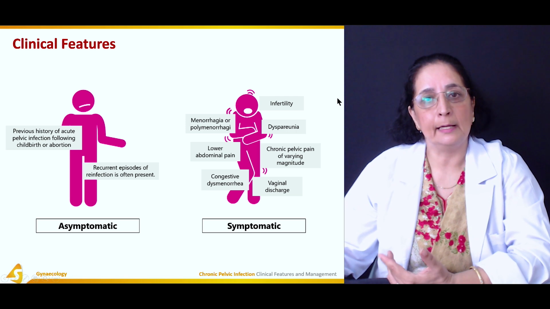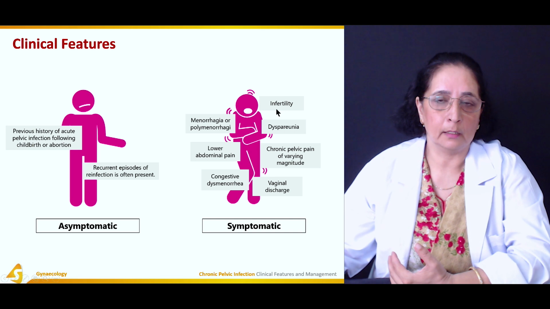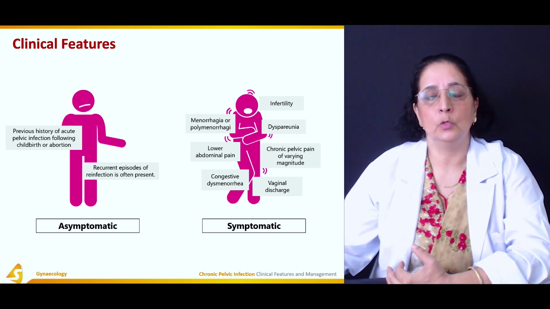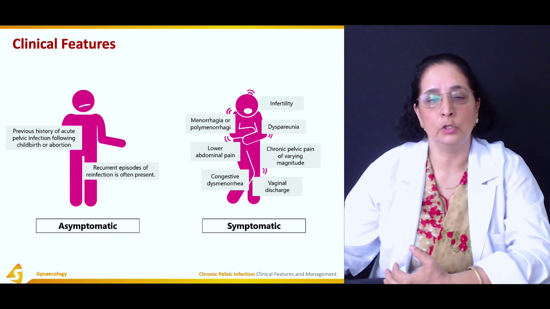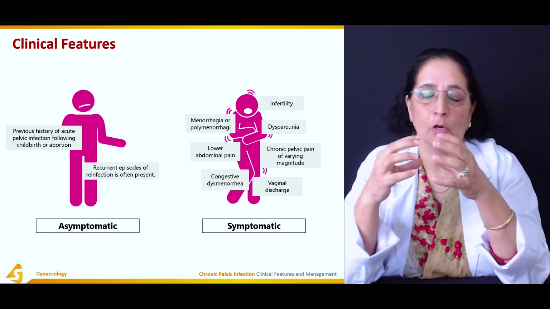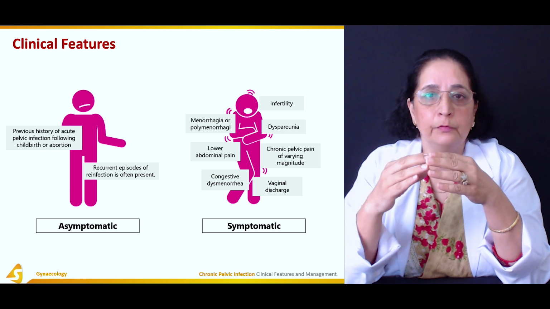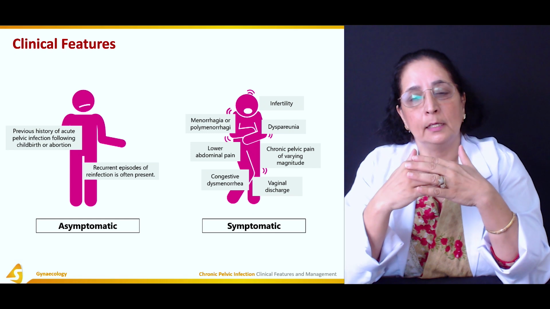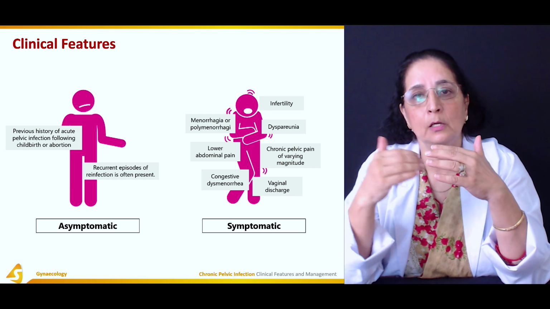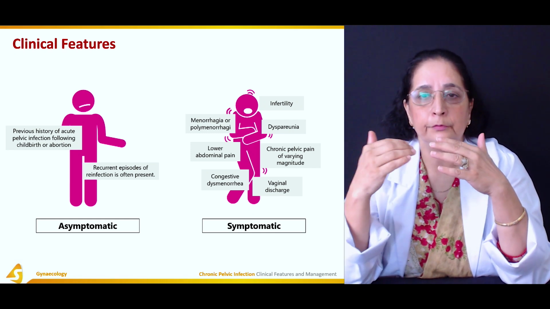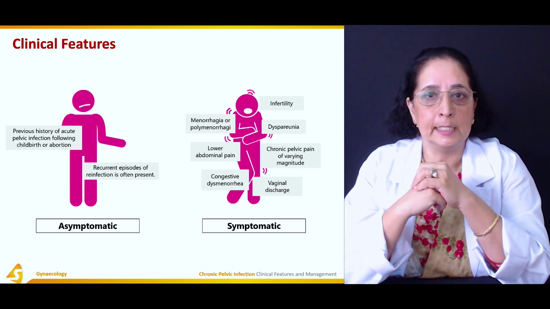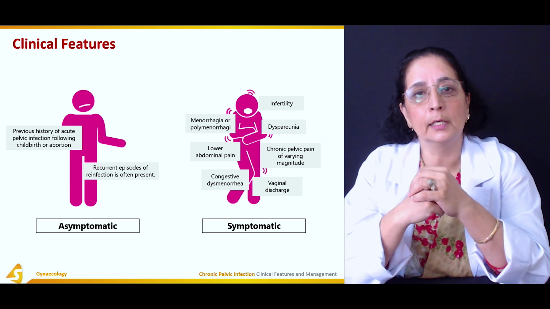Infertility in chronic pelvic infection occurs mainly due to scar formation, thickening and hardening of the fallopian tubes, and adhesion formation. With this adhesion formation, there is a blockage of the movement of the ova through the fallopian tube. So this usually leads to infertility or failure to conceive.